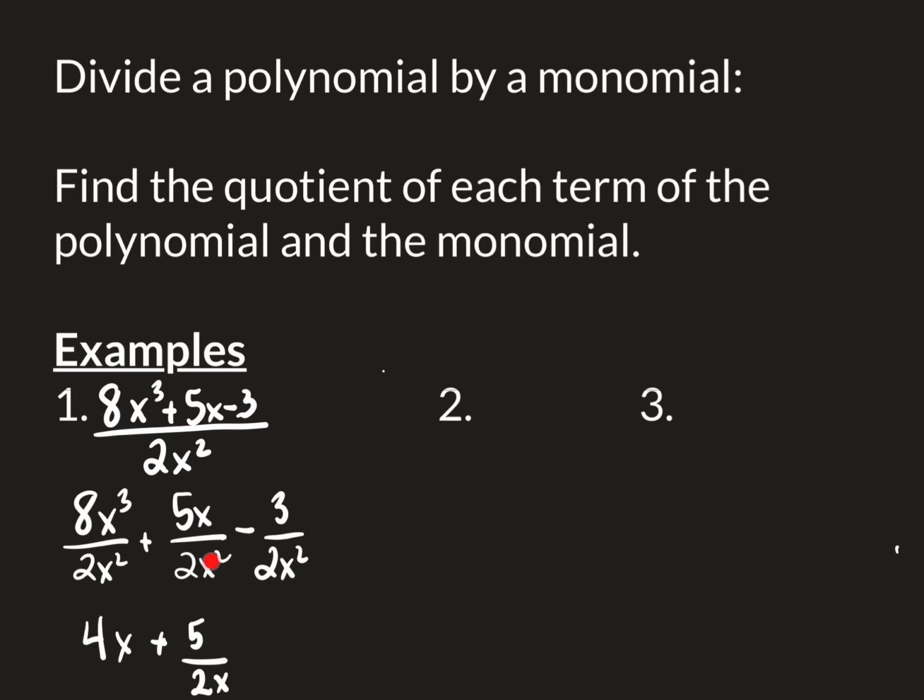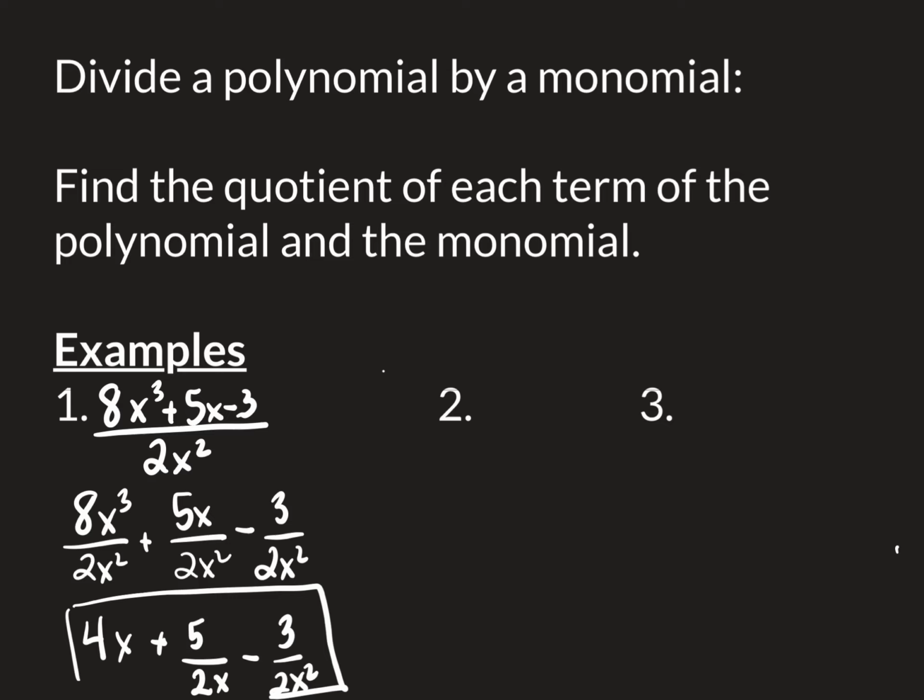When you are dividing, you subtract your exponents, and I subtract from where it's the largest, so 2 minus 1, that goes here. And the last one, negative 3 divided by 2x squared cannot be simplified. So this is my answer to dividing the trinomial 8x cubed plus 5x minus 3 by the monomial 2x squared.